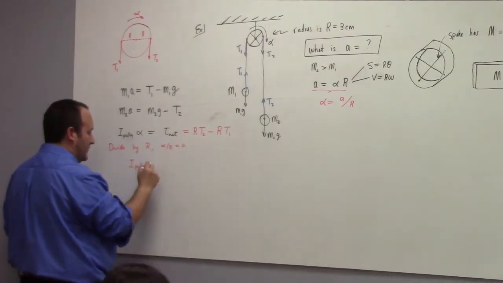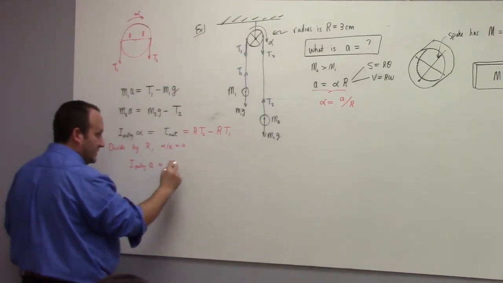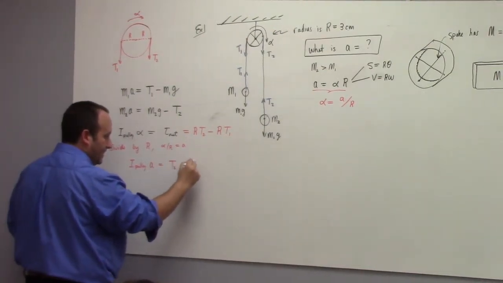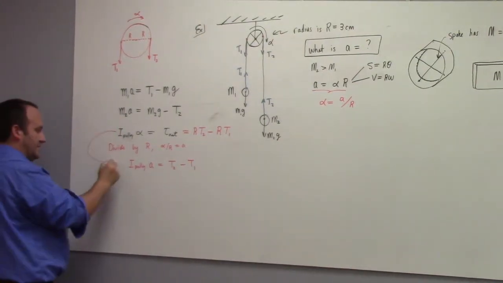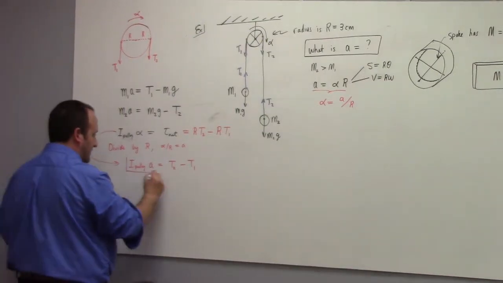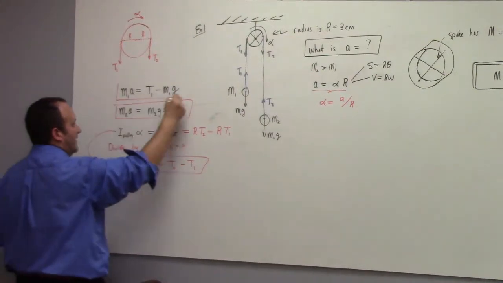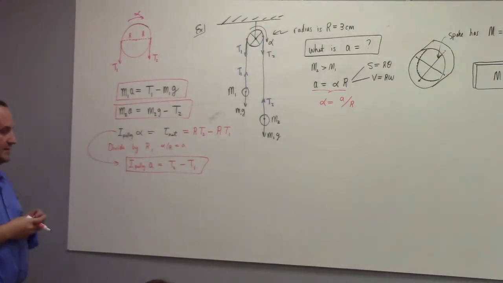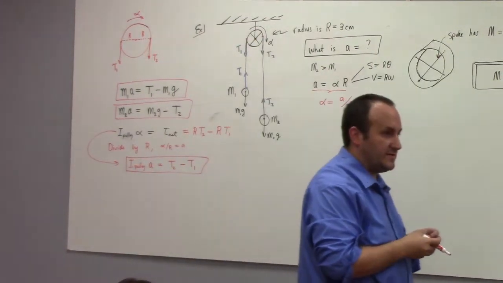So this moment of inertia for the pulley times A is equal to the difference of the tensions. Now, I like this equation because if you look at these three equations, you might be able to see how to do the algebra there.